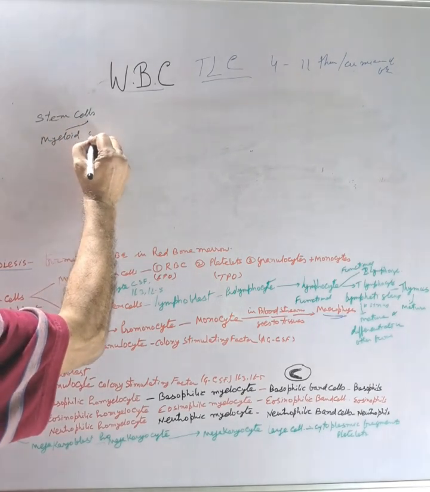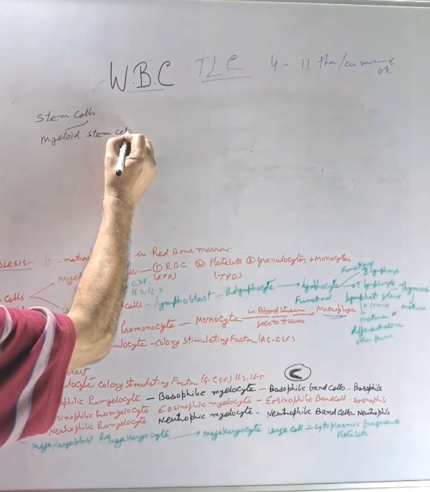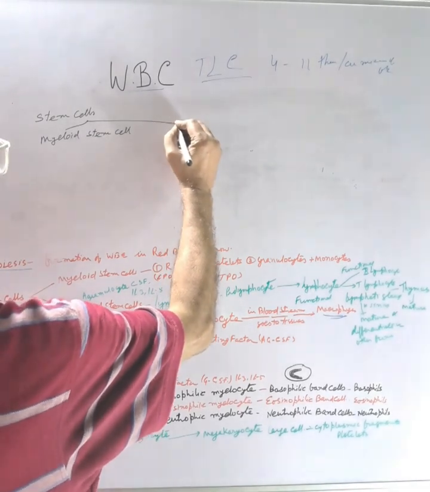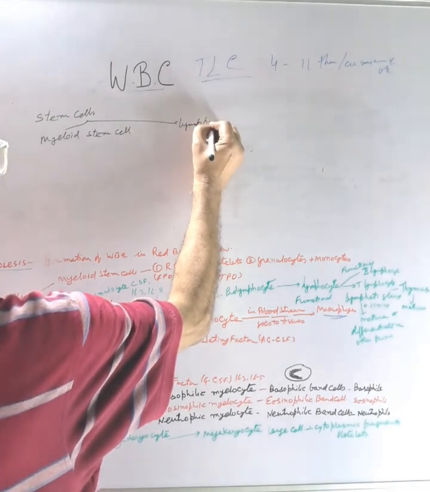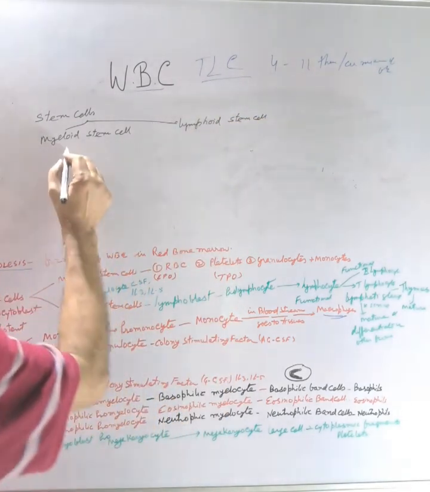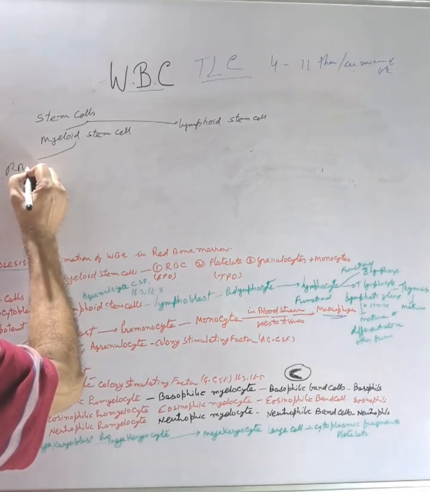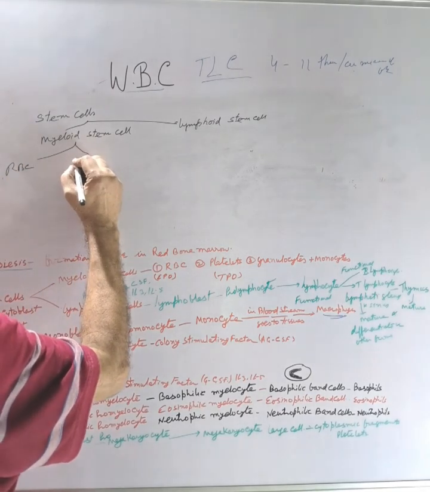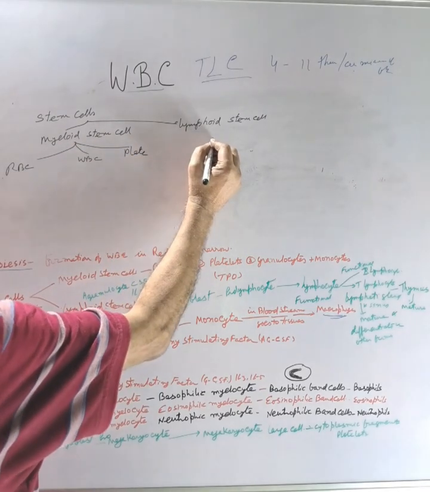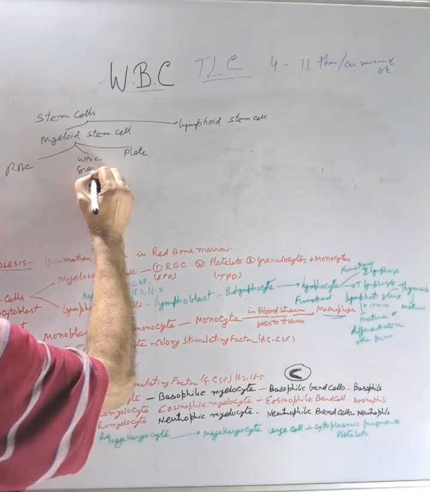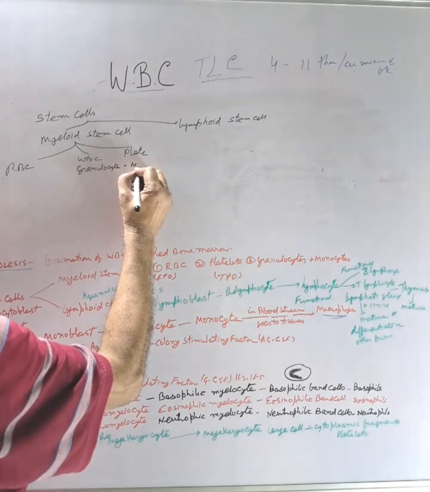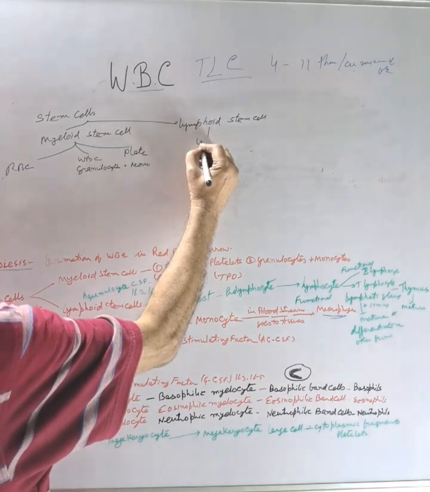This divides into myeloid stem cell, then lymphoid stem cell. From myeloid stem cell, RBC, WBC and platelets are formed. In WBC, there are granulocytes and monocytes, and then lymphocytes.